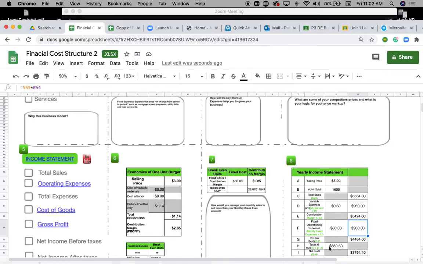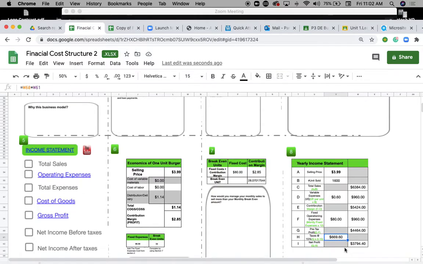So now the most important piece is the taxes. You don't want to get in any trouble with the taxes. So in the taxes, you have to pay 15% on that money that you made. Any profit that comes in, 15%. So here's a formula. G times 15% gives you this number here, $669.60.